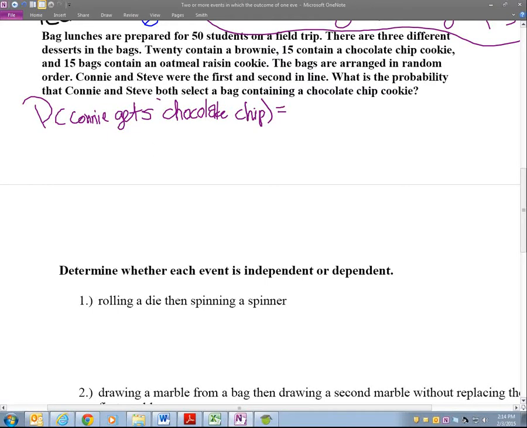And to find probability, we need to find out exactly how many possibilities there are to get it, and then we do that over the total amount that there is. What is the probability that Connie gets chocolate chip? 15 out of 50. So 15 50ths, because there's 15 chocolate chip out of a total of 50 bags.